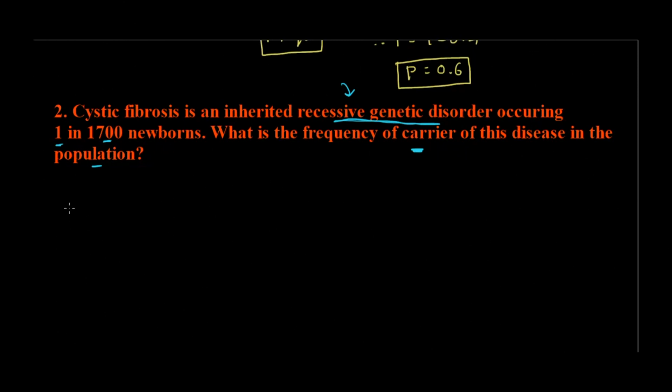So it is actually asking us to find out the 2pq value only, right? So to find out 2pq, it is asking us to find out only one genotype. But in any case, we will have to find out the frequency of alleles, then only we can find out this genotype. So as I said, just make a list of the things.